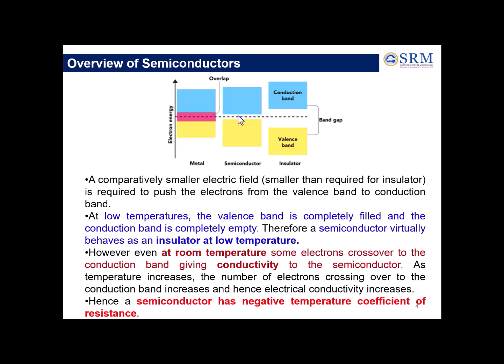As the temperature increases, the number of electrons crossing to the conduction band increases, hence the electrical conductivity increases. So we can say a semiconductor has a negative temperature coefficient of resistance. That means as the temperature increases, resistance comes down. That means conductivity increases. Fine.